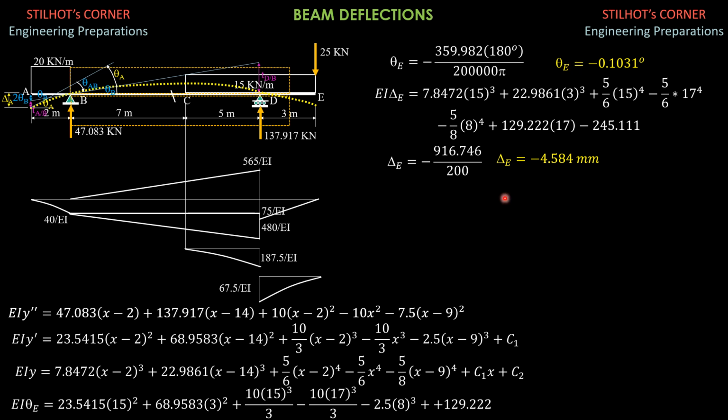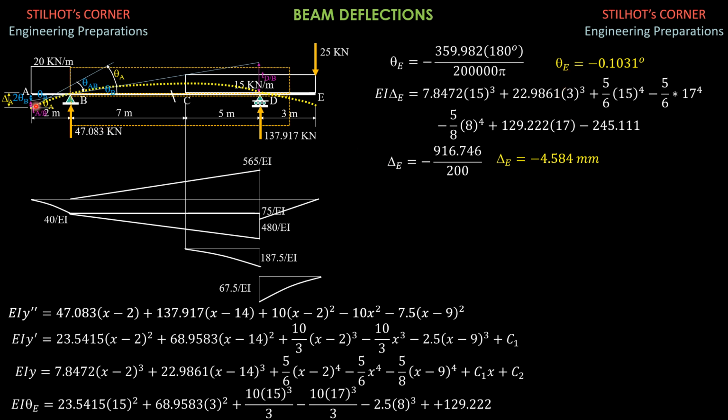So these are the official values of theta E and delta E. So by double integration, the solution will be shortened by proceeding directly to these solutions.